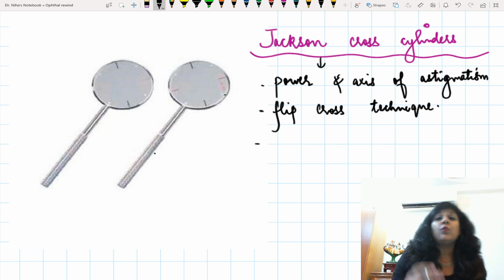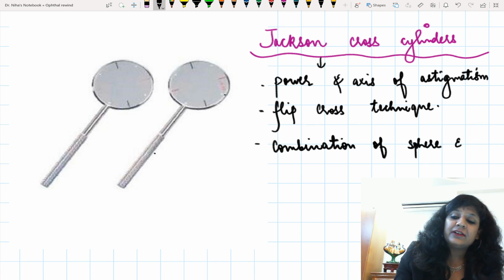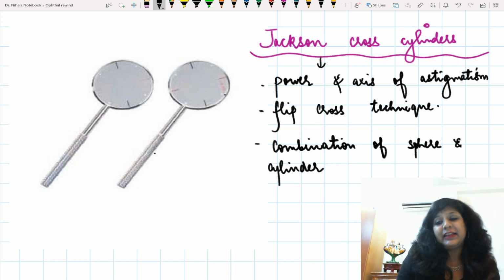Now what is actually this Jackson cross cylinder? It is a combination. Basically here we use a combination of a sphere and a cylinder. One is a sphere and one is the cylinder.